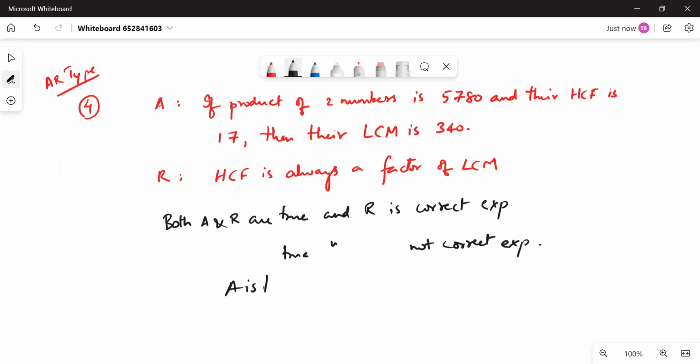A is true but R is false. A is false but R is true. Right, sir? Yes, sir. Okay. Can you tell the answer now?